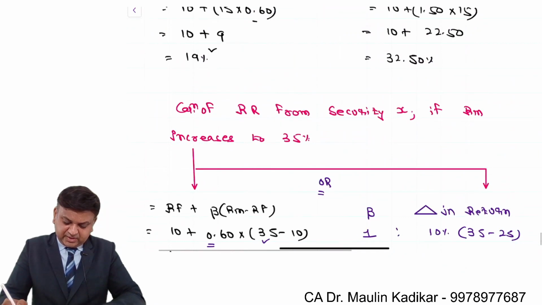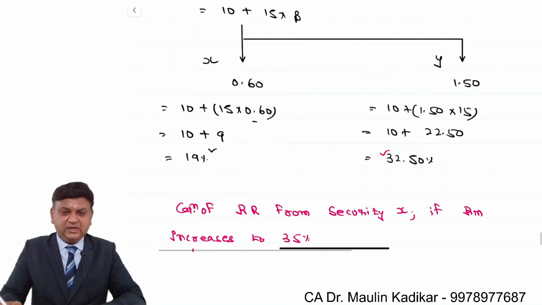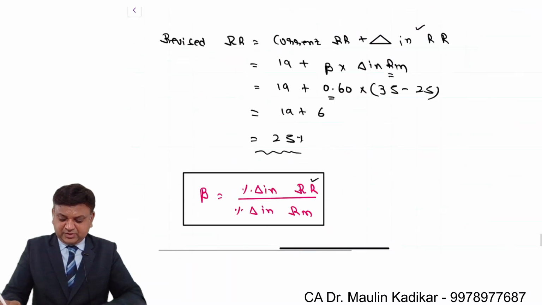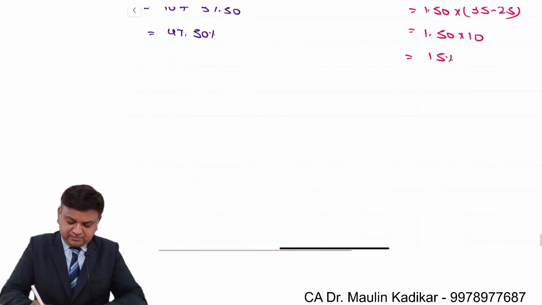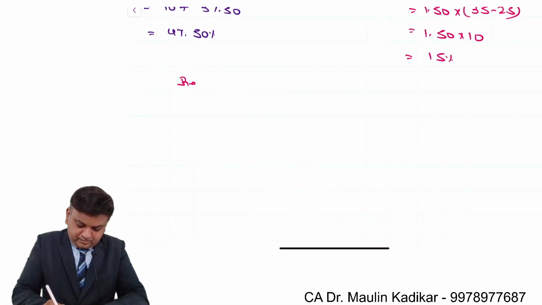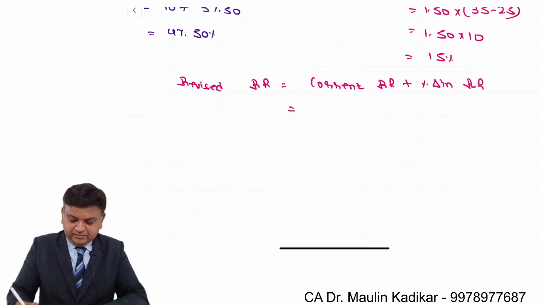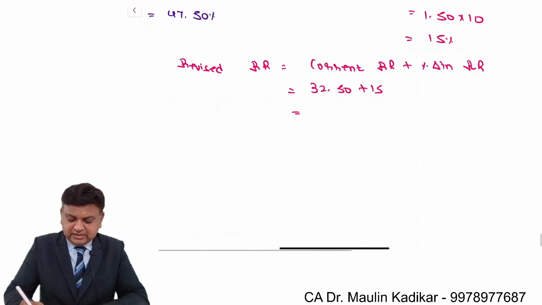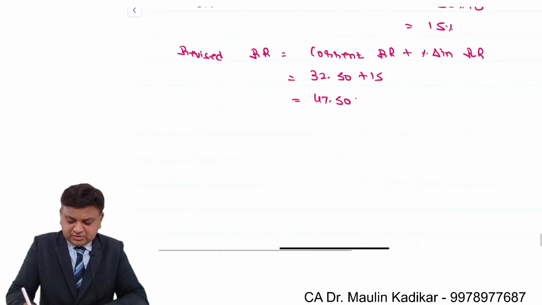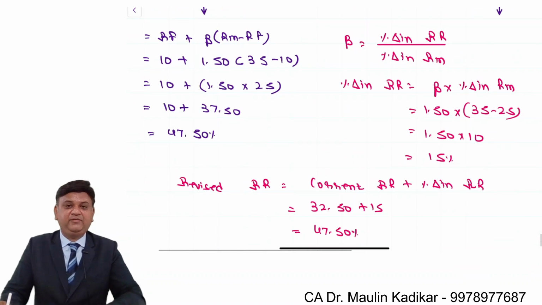The present required rate of return, computed in the first part, is 32.5 percentage. Revised required rate of return is the current required rate of return plus the percentage change, so 32.5 plus 15 comes to 47.5 percentage.